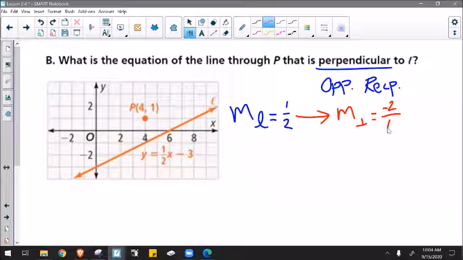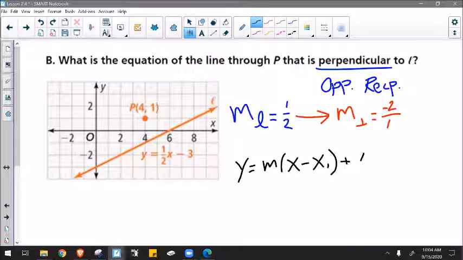But again, not necessary. So now, using that point slope formula, y equals m times x minus x1 plus y1. All right, we have our x1, y1 here. Plug in everything you know.